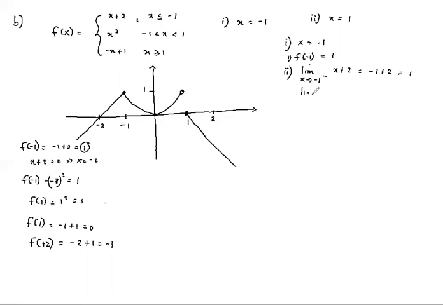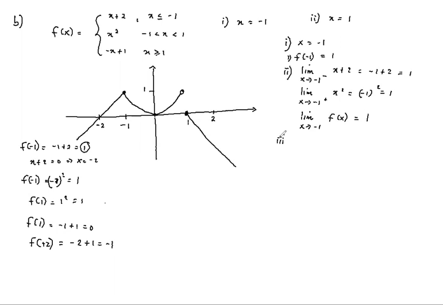You also have the limit as x goes to negative 1 from right. Now from right, you are using this curve, because that's the one that has the right side of that one there, and that is x squared, which is negative 1 squared, which is 1. Now because the two side limits are the same, you are saying the limit as x goes to negative 1 of f of x exists, and it is equal to 1.